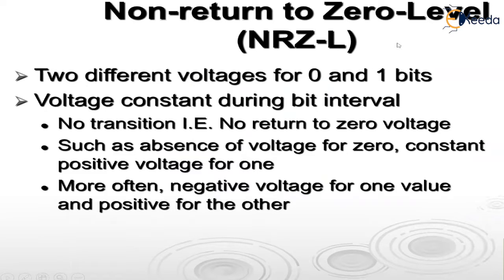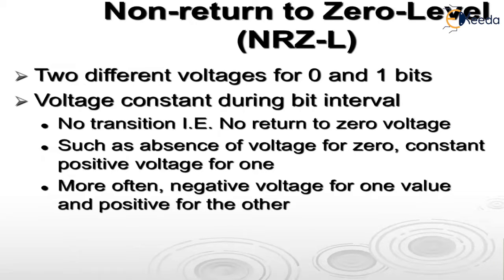The most common and easiest way to transmit a digital signal is to use two different voltage levels for the two binary digits. Codes that follow this strategy share the property that the voltage level is constant during the 1 bit interval and there is no transition, that is, no return to zero voltage level.